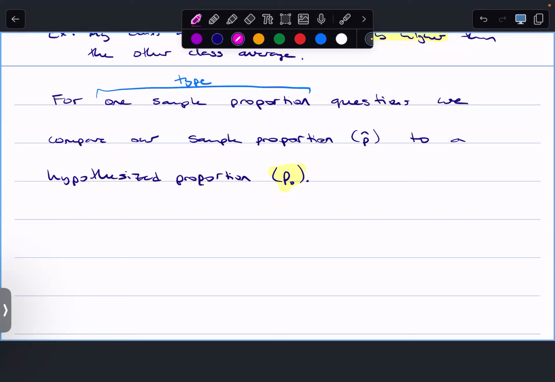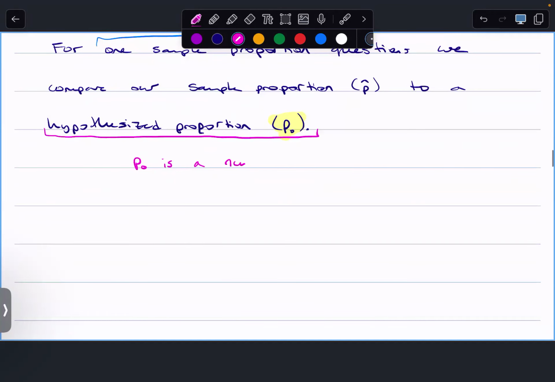And so the hypothesized proportion, P naught, is a number between 0 and 1 because it's a proportion. Now it's going to come from the question.